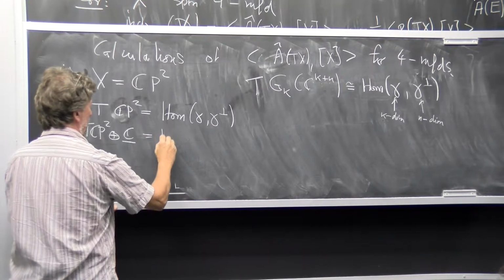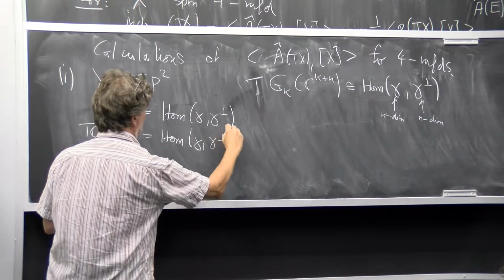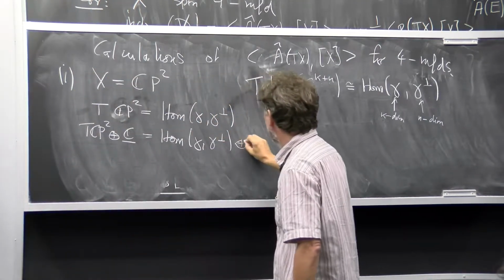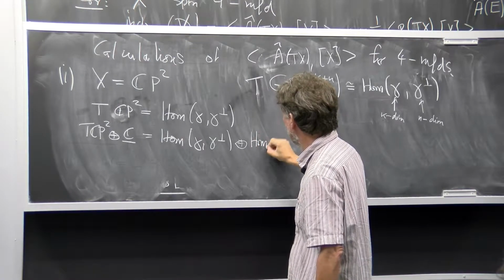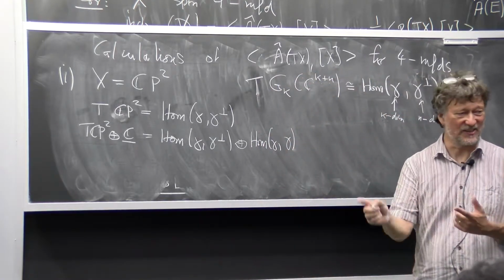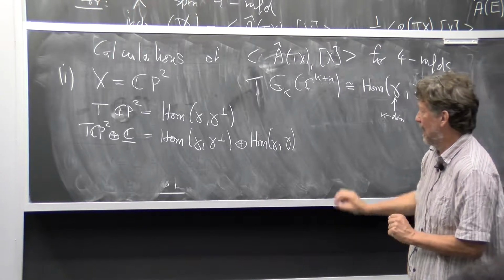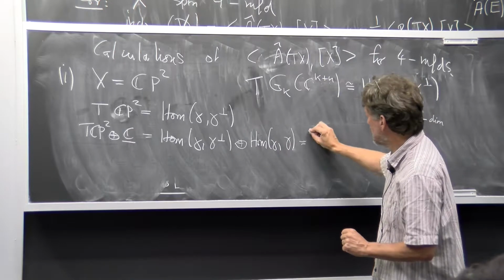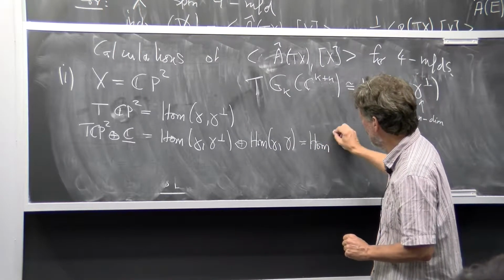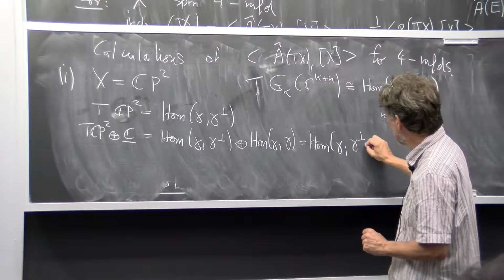But you think of this trivial line bundle as the identity, as a homomorphism bundle from gamma into itself. That has a tautological section, namely the identity, so it's a trivial bundle. But then you can put these things together, and get Hom of gamma into gamma perp plus gamma.